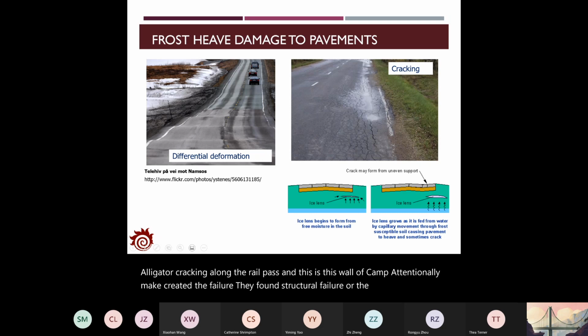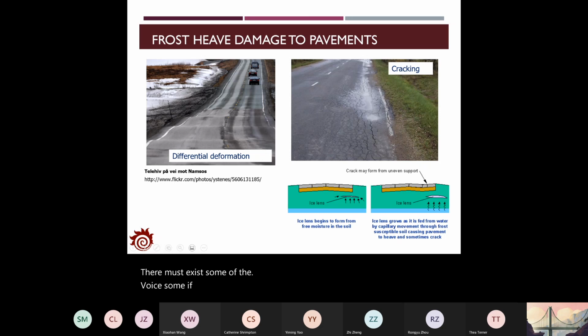And the figure below shows how the ice, the frost effect, will be formed in the subgrade layer. Usually, we know that for natural soil, there must exist some voids.